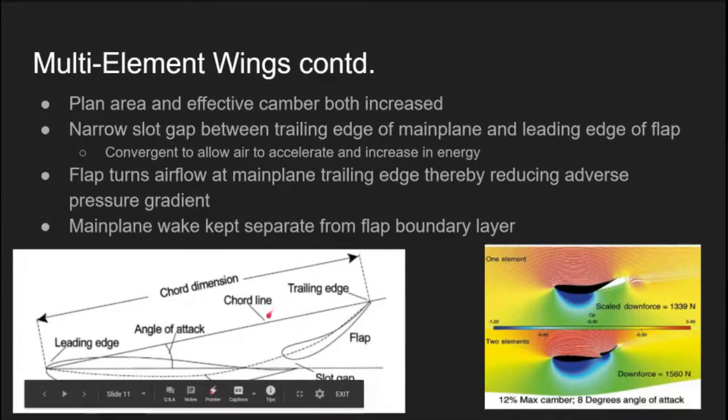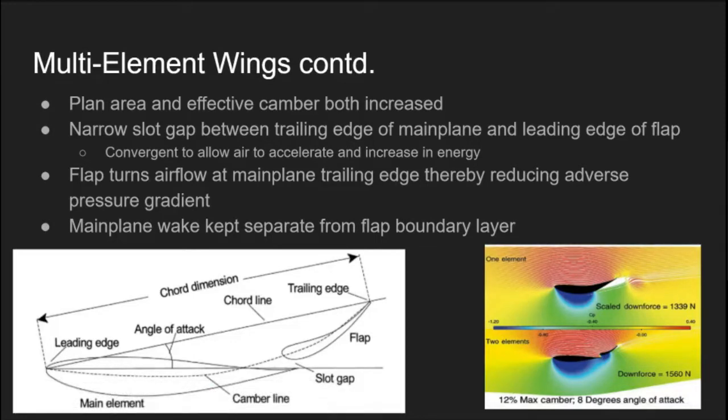So just to be clarifying, in this case, this is an actual race car wing. So we have a high pressure on top and low pressure at the bottom, pulling the wing downwards.